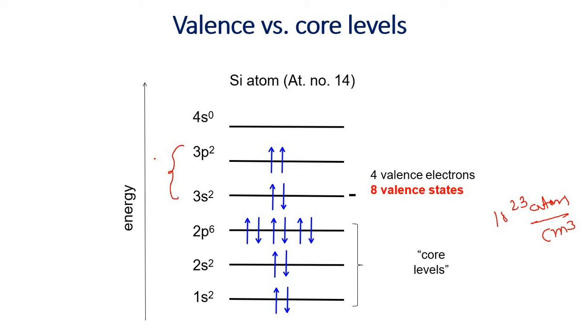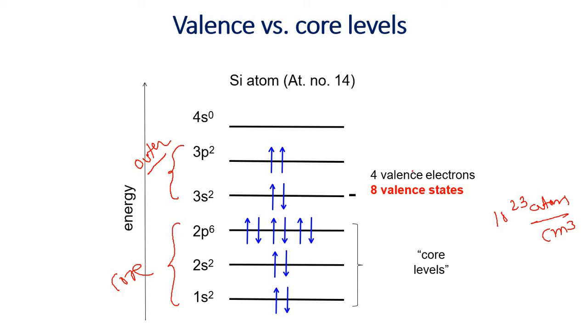And the inner part is called the core. Those electrons are very much bound to the atom, so they are not going to feel any force, reaction or bonding. Everything is going to happen at the outermost orbital.